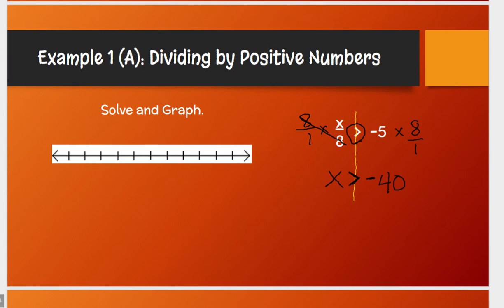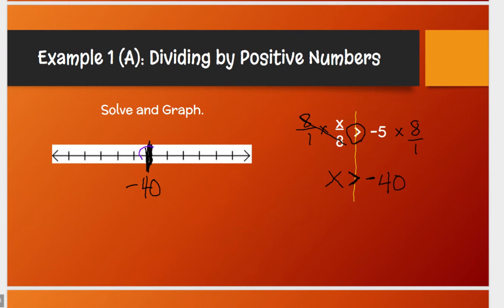And now to graph that, we want to come over to our graph. And we just want to choose a point, and we want to label what that point is. So this point we're going to call negative 40. Pretty messy. And then because this does not have an or equals to sign, we're going to leave that as an open circle. And I'm going to do this in a different color.